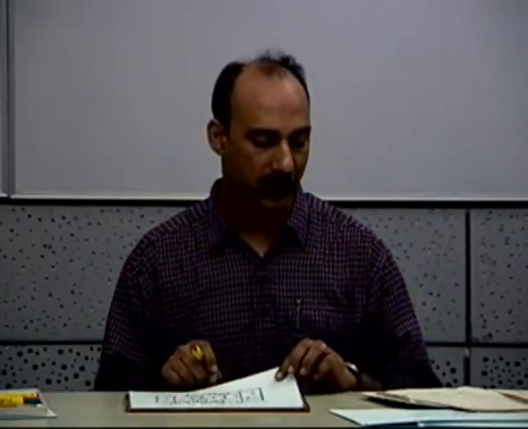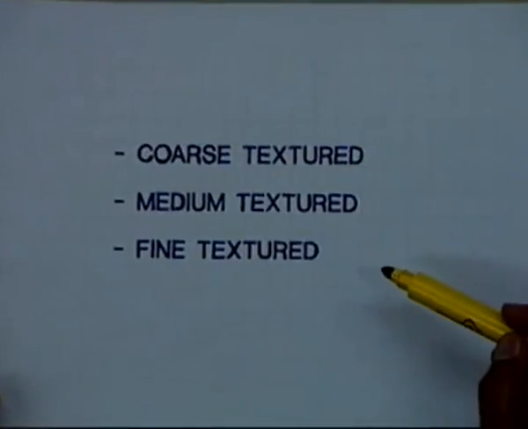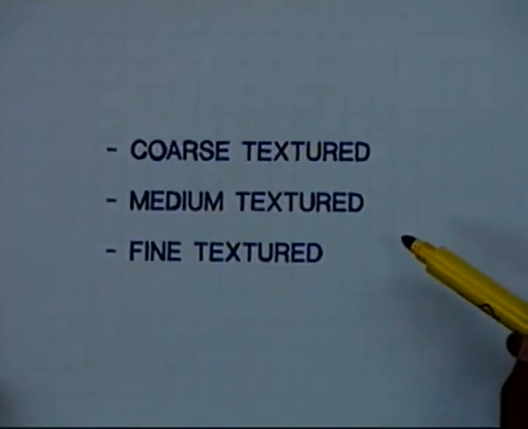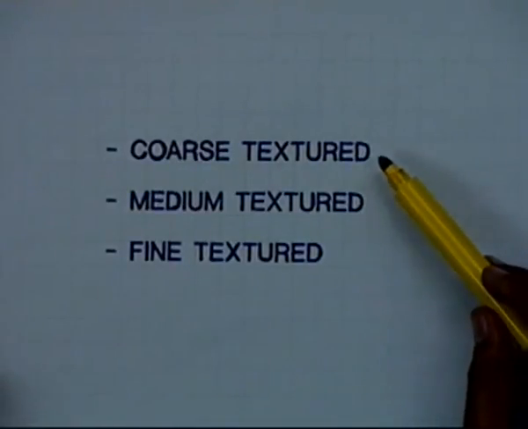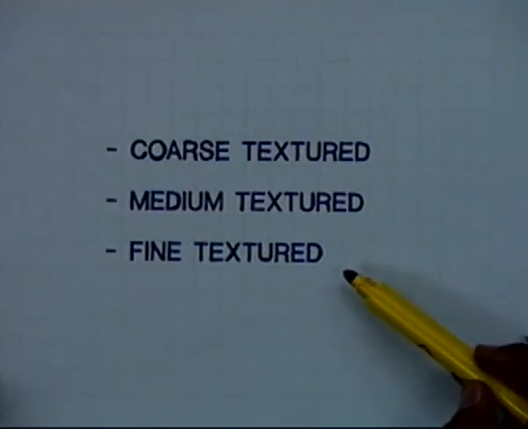So from that angle, even if you consider the classifications in the most general manner, these three textural classifications are quite sufficient: coarse textured soils, medium textured soils and fine textured soils.